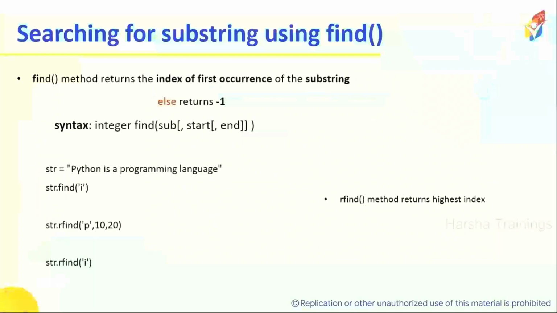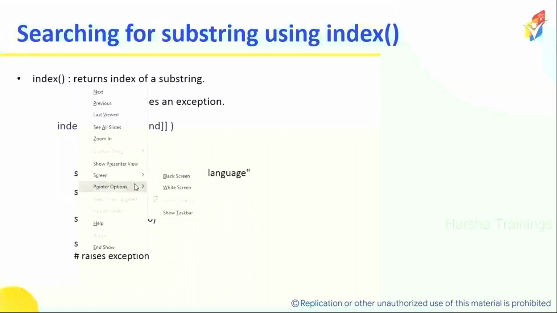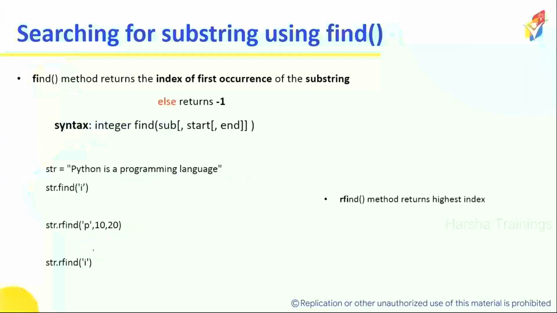Next one, there is another function, the opposite of the find function, that is called index. Index also does the same thing as the find function, but if the substring is not available, it raises an exception, whereas in the find function, if the substring is not available, it returns -1.